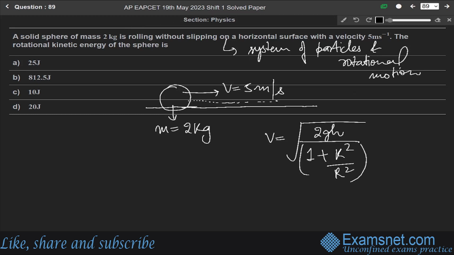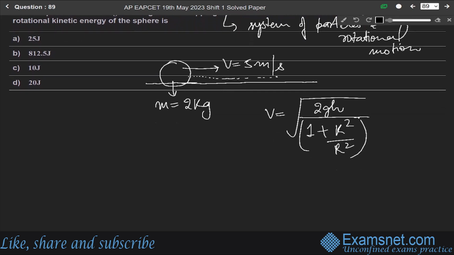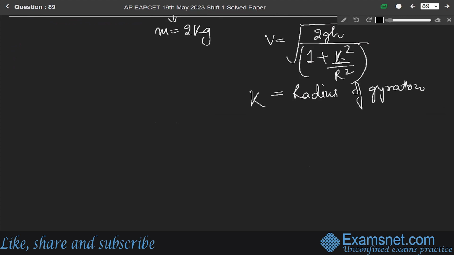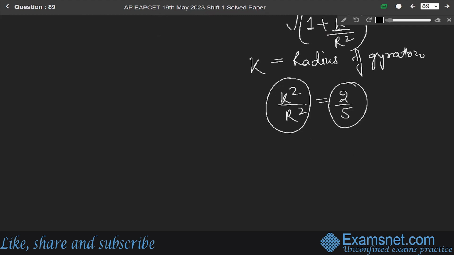This is the standard formula for finding the velocity of a body which is rolling. And here k is the radius of gyration. So for a solid sphere, this ratio k square over r square is 2 over 5. We all know that for a solid sphere the ratio k square over r square is 2 by 5.